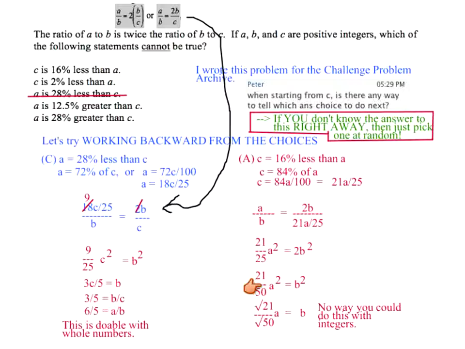Okay, this problem is going to be in the challenge archive at some point in the near future. There are other ways without working backwards to solve it. You can do it with all algebra if you let this ratio be R, and then this ratio would be 2R.